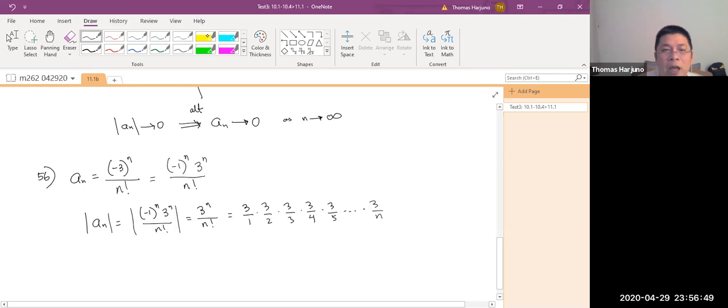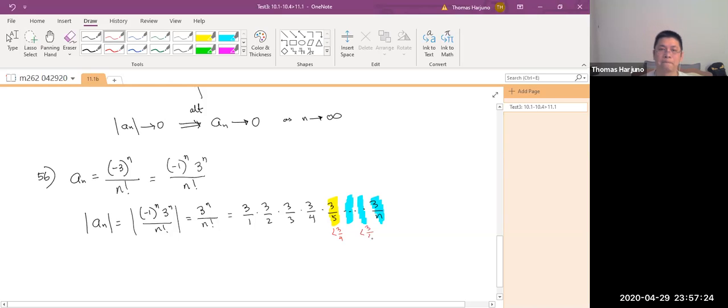Now notice that 3 over 5 is less than 3 over 4. Agree? And also 3 over 6, 3 over 7, 3 over n will still be less than 3 over 4.